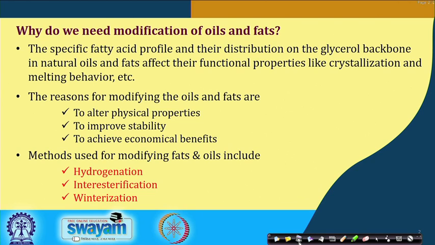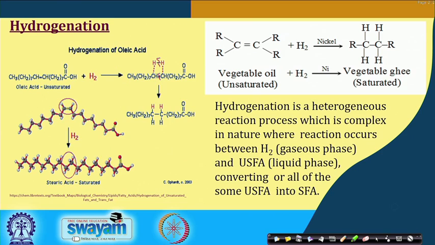So, commonly used methods for modification of oils and fats include hydrogenation, interesterification and winterization. We will see one by one about these operations. First of all, let us study hydrogenation.